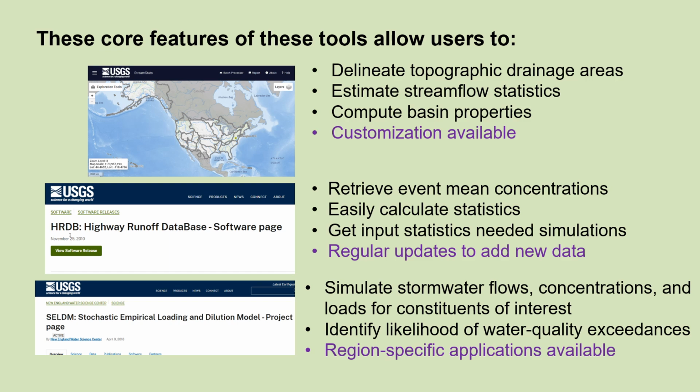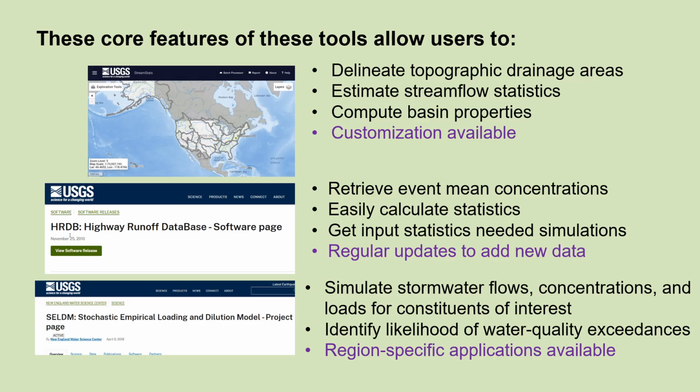The highway runoff database is updated to reflect new data, and if you have data collected that would be appropriate for the highway runoff database, you can refer to our contact information at the end of this presentation for providing those data for future input.